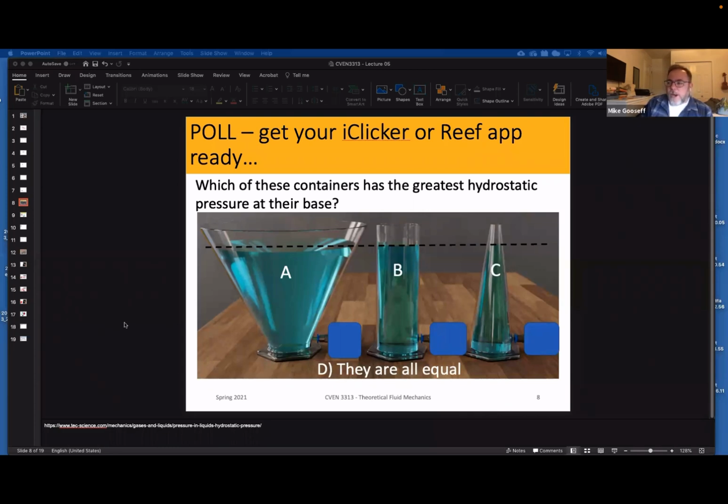On the bottom, we have different amounts of this greenish fluid in each of these. Which of A, B, or C will have the greatest pressure at the bottom? So let me get this going.